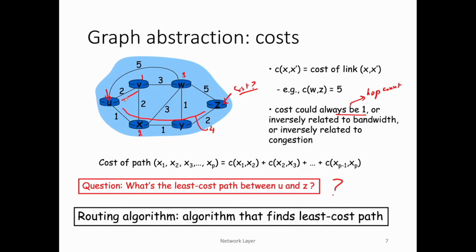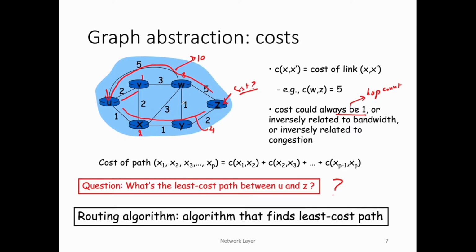And similarly, if I look at the cost from U to W to Z, this is obviously the cost of this link, right? This is 10, which is obviously more than 4. And what about the cost between U to X, then X to Y, and then Y to W and W to Z?